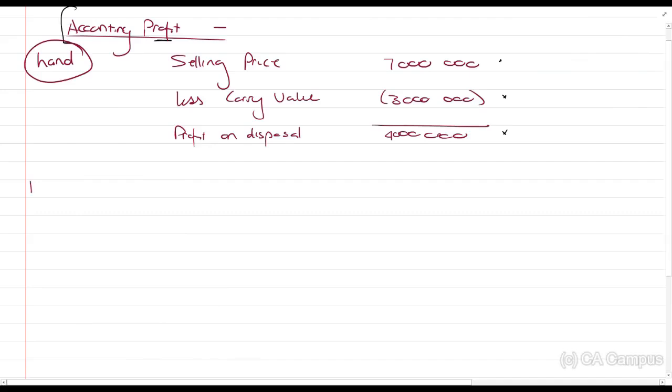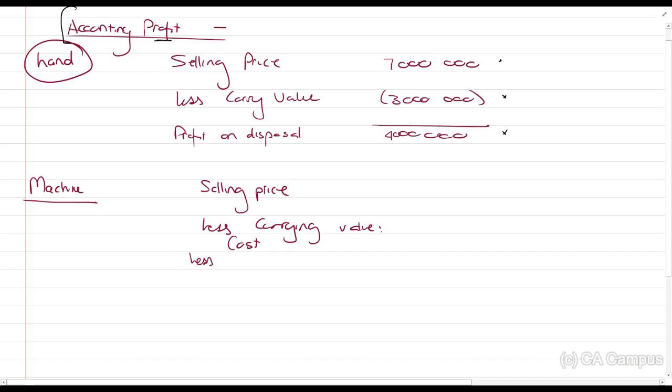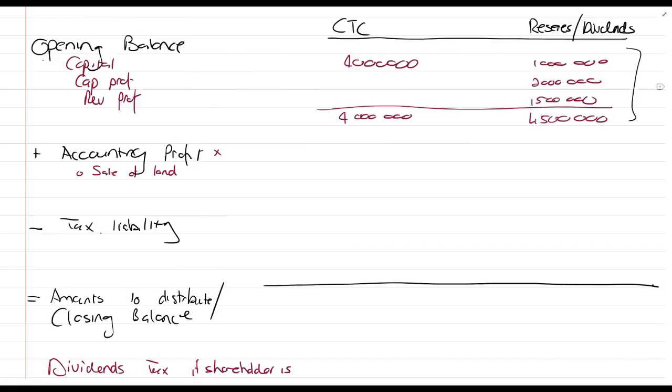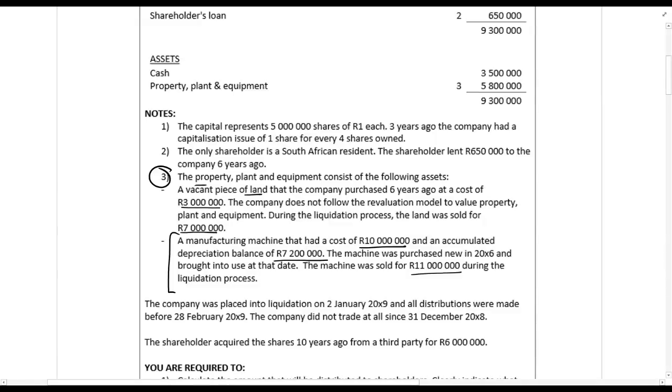Accounting profit. The machine, so we'll have the selling price less the carrying value. And what is the carrying value? It is the cost less our accumulated depreciation. Right? How much was this sold for? They tell you it was sold for 11 million rands.